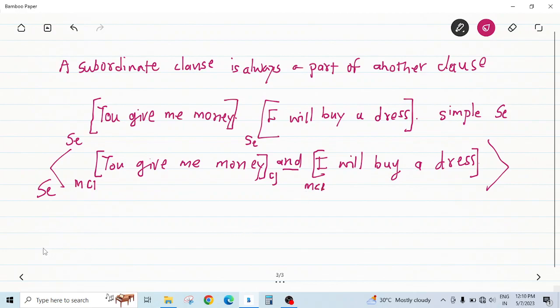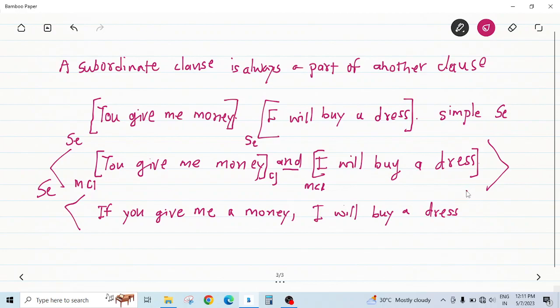Now, if I say that if you give me a money, I will buy a dress, this sentence is different from earlier sentences in form.